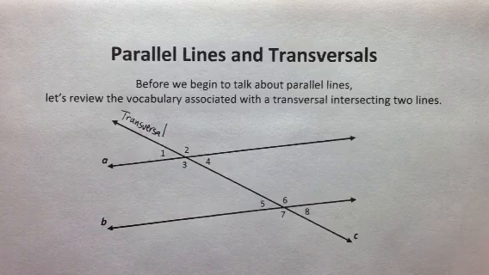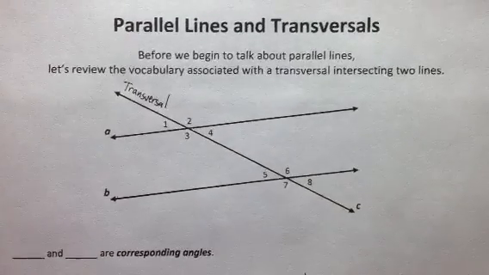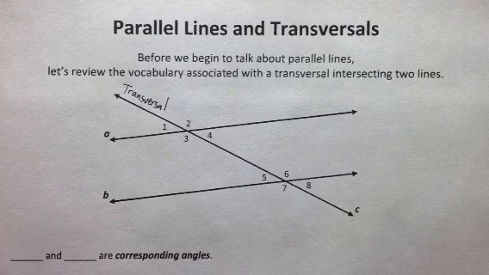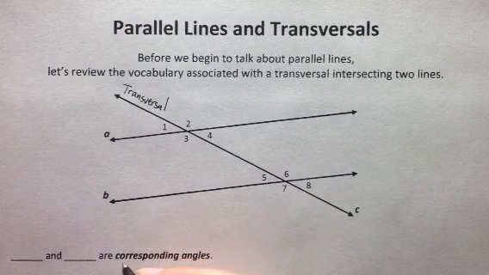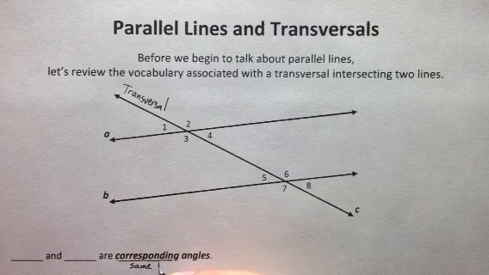whatever the orientation is. So the first one I want to show you is corresponding angles. Corresponding angles is actually my favorite one, makes the most sense to me, are the angles that are in the exact same location. So corresponding is going to be the same location.